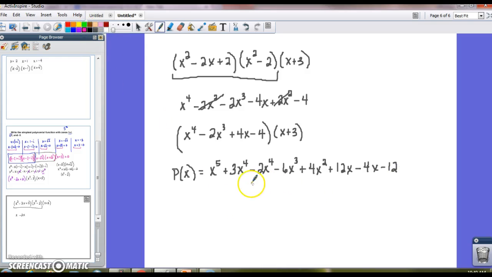And let's see, these two I'll be able to combine together. These two I'll be able to combine together.